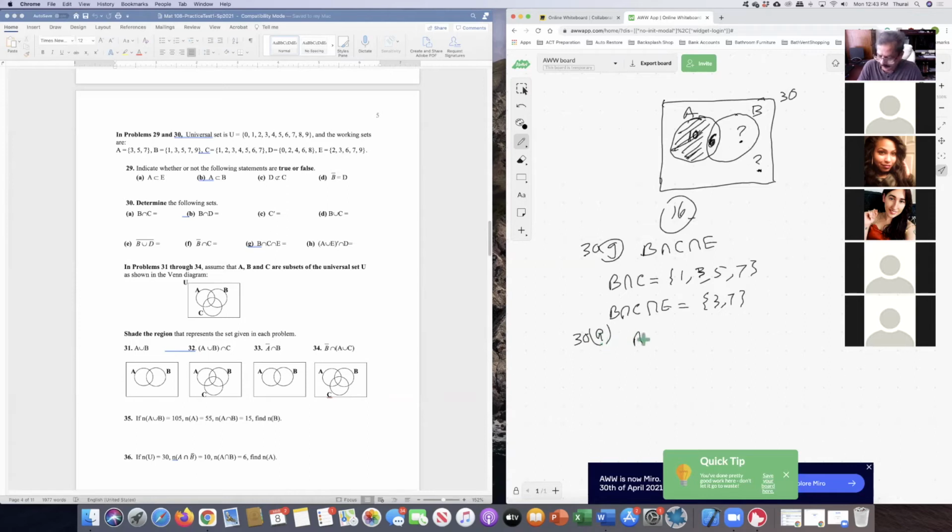That says A union E prime intersection D. So I had to start with A union E. In the web design test, you only enter the answer, so you had to do these on scrap paper. You are allowed to have blank scrap papers in front of you, and you should have some.